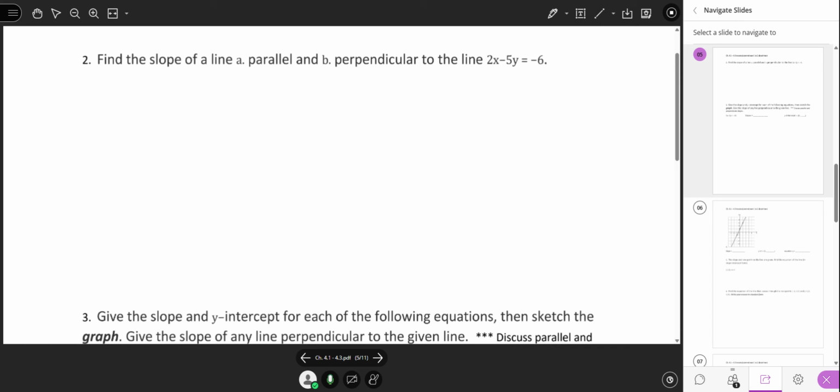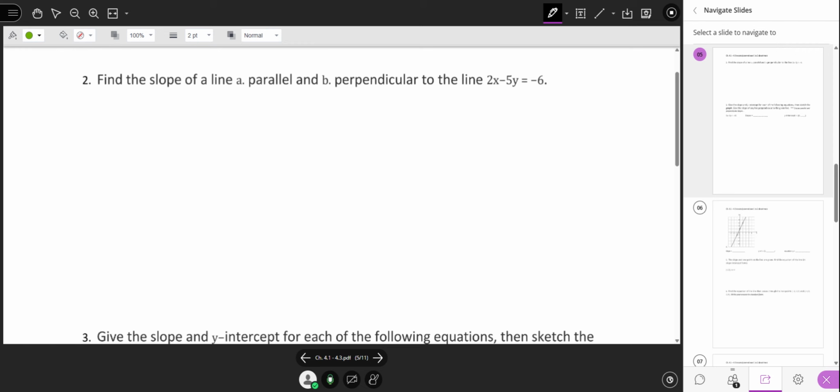Next. Find the slope of a line, A, parallel, B, perpendicular to the line, blah. Well, when it asks you to do that, the first thing you got to know is if m is 2/7, the slope parallel is going to be the exact same thing.